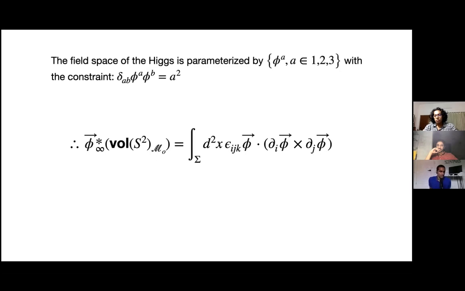So basically, it's going to be some processes of monopole catalysis. You can imagine that would change the topology, or some monopole annihilation, or some crazy thing like that. That would really change the topology of the field space, right?